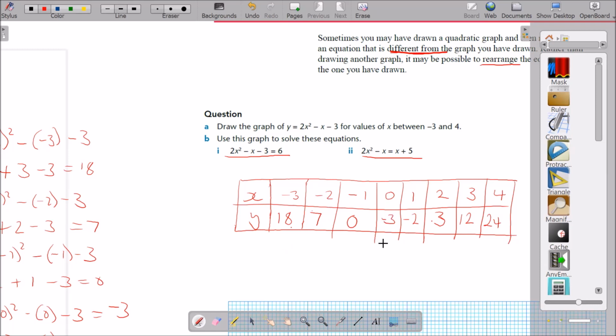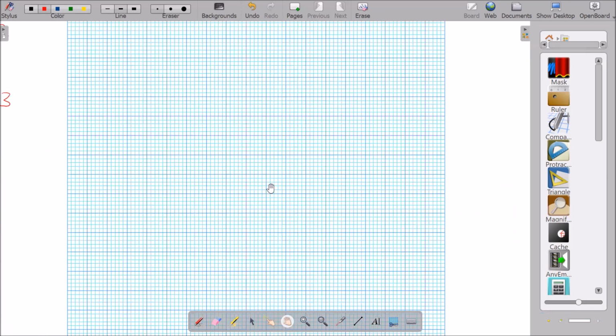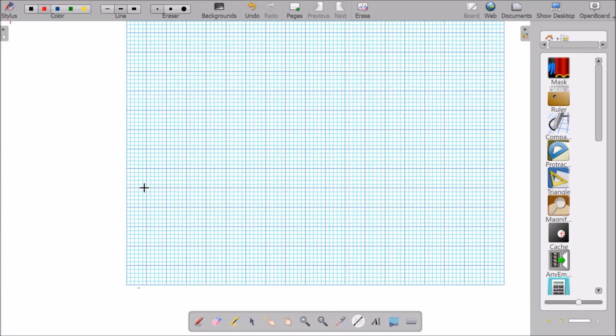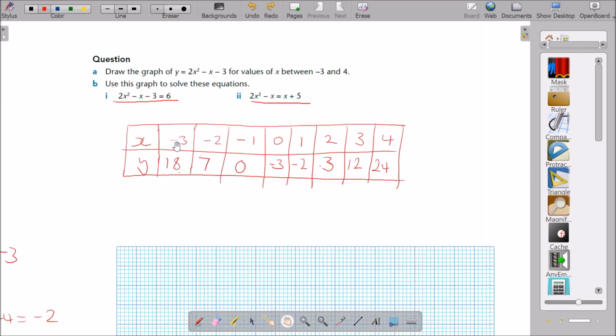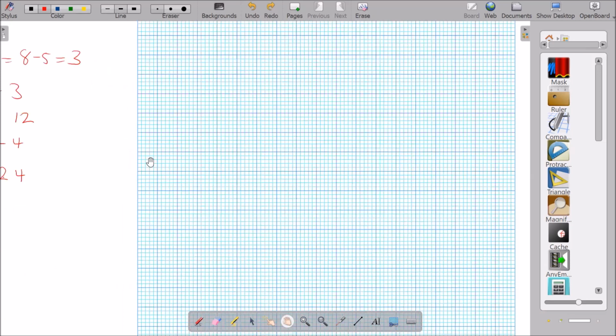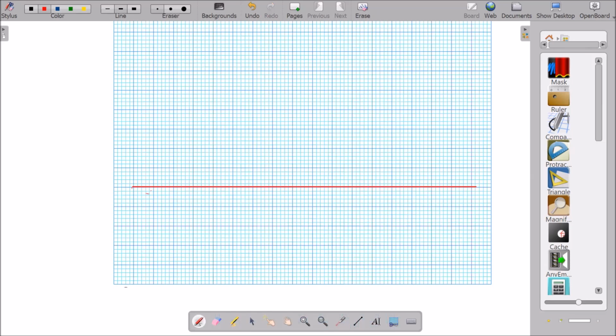Our values of x are from minus 3 to 4, and our y values from minus 3 to 24. So we need our x-axis down there, minus 3 to 4. So we can have minus 3 here, minus 2, minus 1, 0 there, 1, 2, 3, 4.